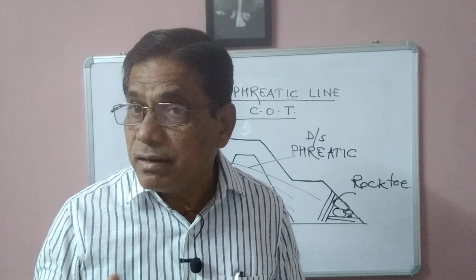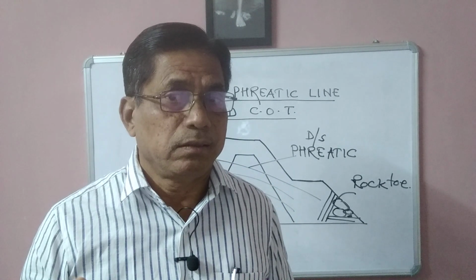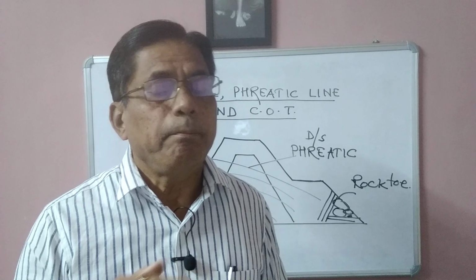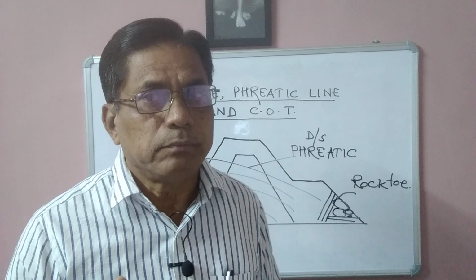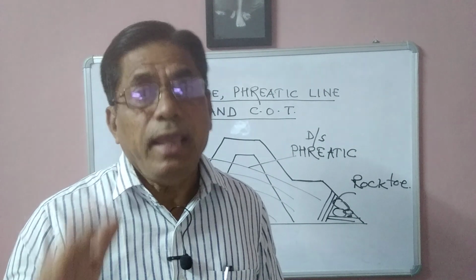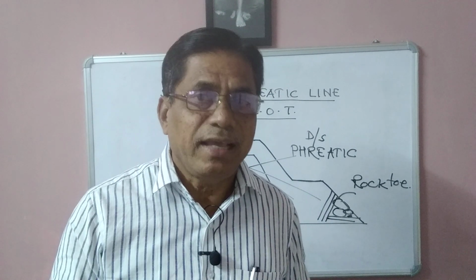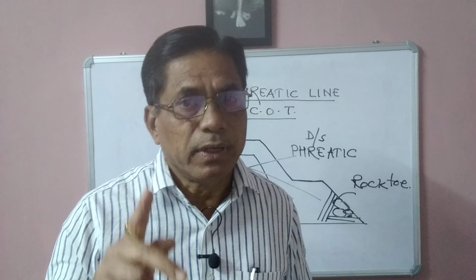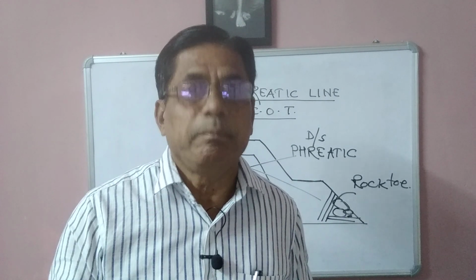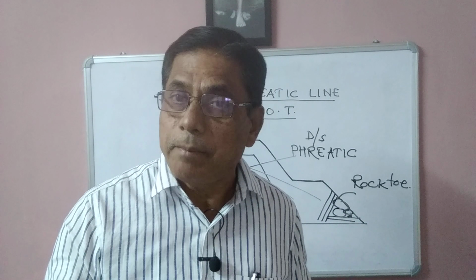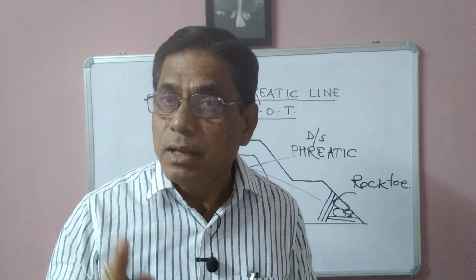This phreatic line should not cut the downstream face of the dam. If it cuts the downstream face, it means that there is instability of the slope, there may be failure of the dam, isn't it? Ultimate failure of the dam.